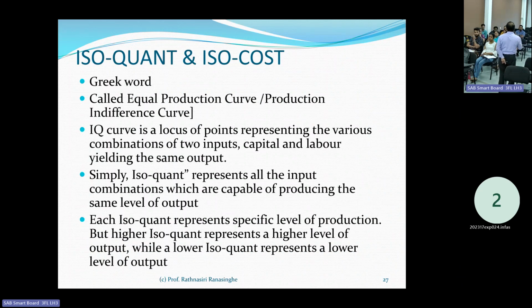The same properties we know here also; the same thing you can apply, but here we change the products to factors of production. Labor and capital, because the producer has to decide how much capital to hire and how much labor to hire.